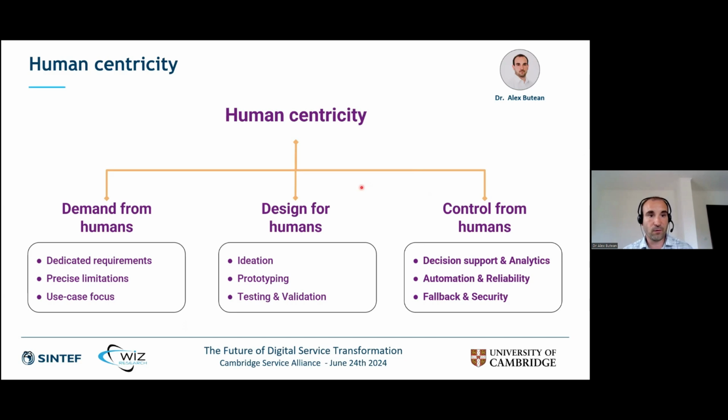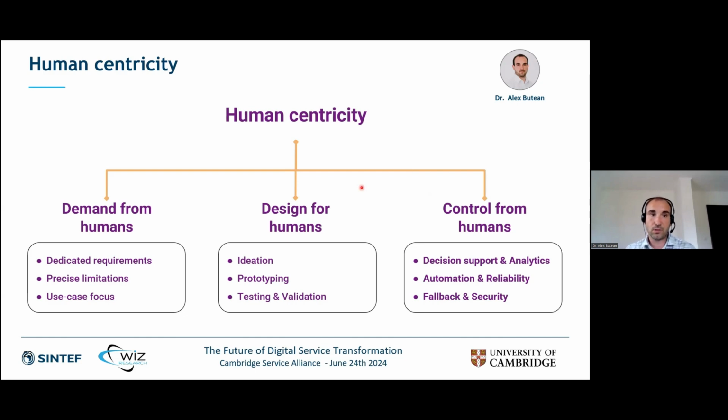Now, moving forward from the demand, we have to deal with the design for humans. We always have to understand that the products and processes operated in an industrial environment are made for humans.